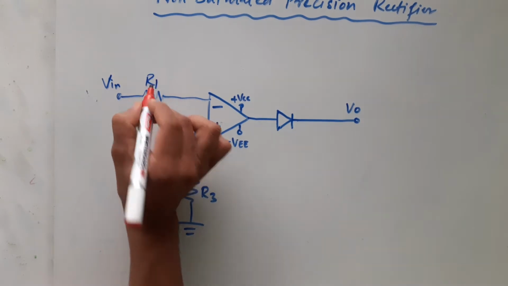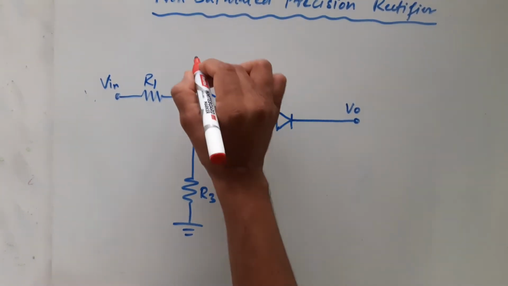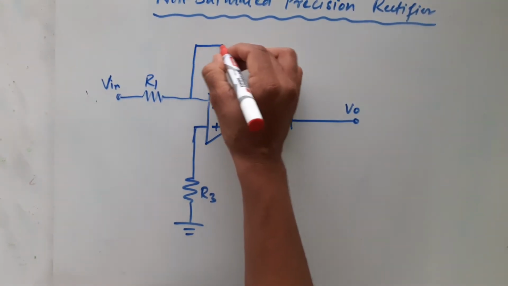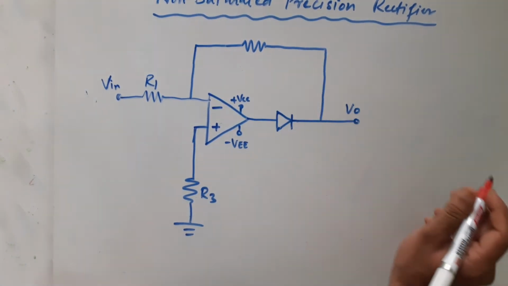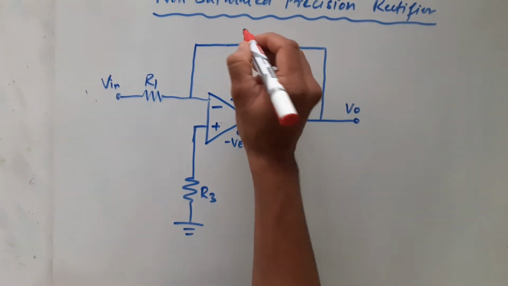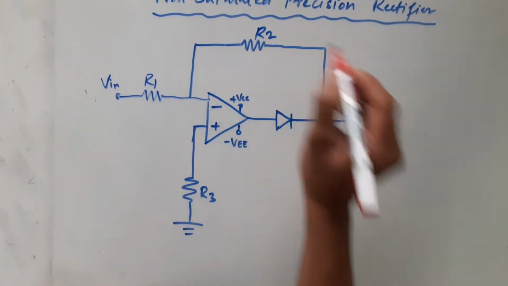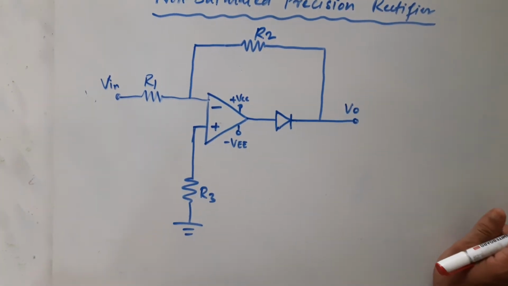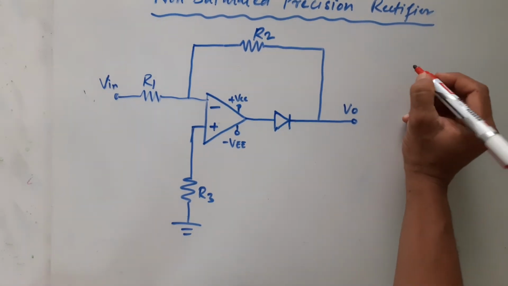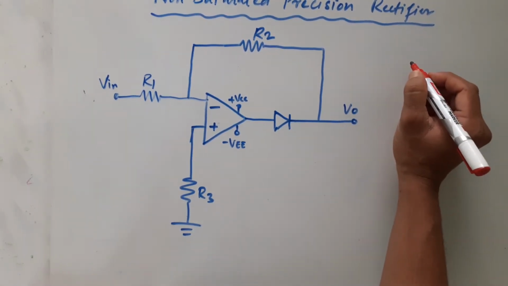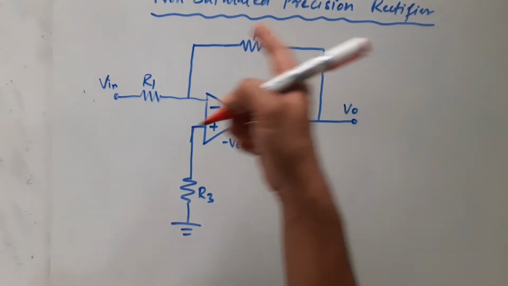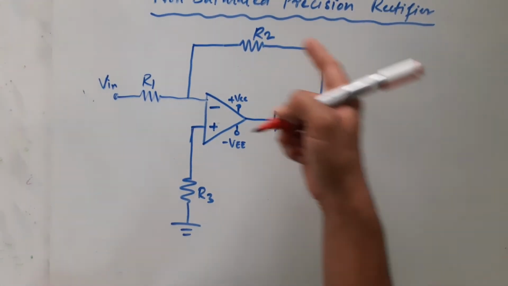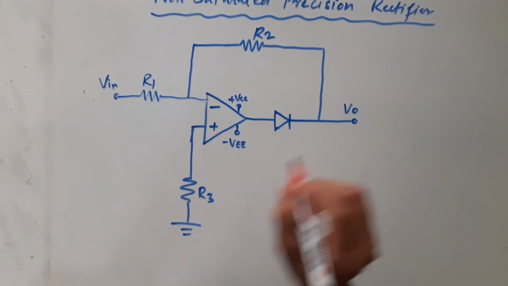This is your R1. Let this be R2. This is what you have already seen, right? So let me draw waveform. Later I will modify this circuit to make it non-saturated. This is saturated precision rectifier now.